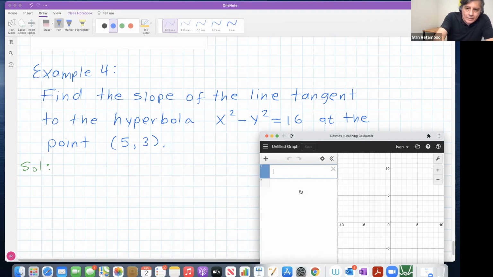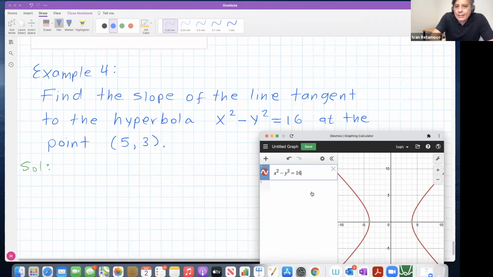So let's graph it. x squared minus y squared equal 16. That's the graph of this equation. It's not a function, it doesn't pass the vertical line test, but it's the graph of this equation.